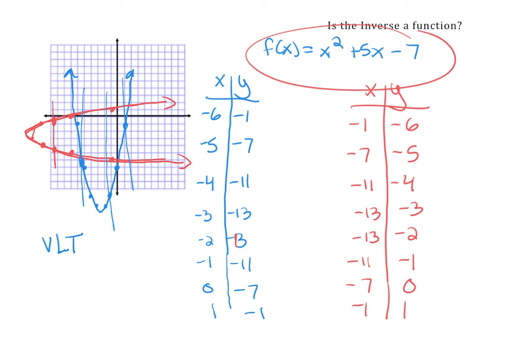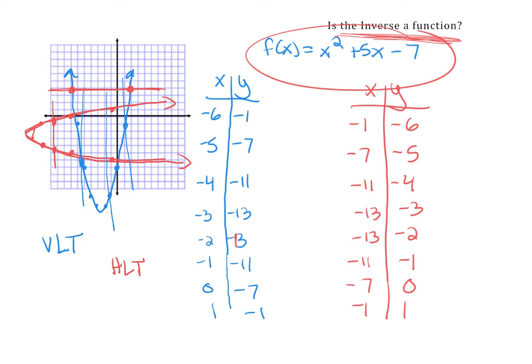And we could have answered that question without actually graphing it by simply doing the horizontal line test, which we could have done at the beginning. If I draw a horizontal line on the original graph and it crosses twice, it automatically means the inverse is not a function.